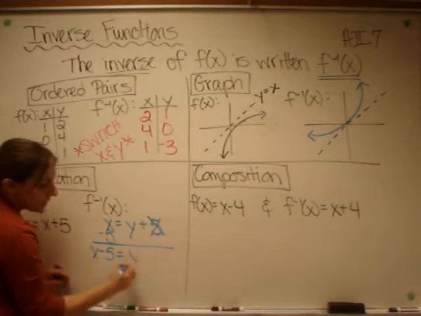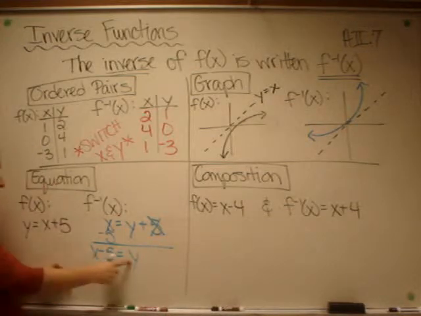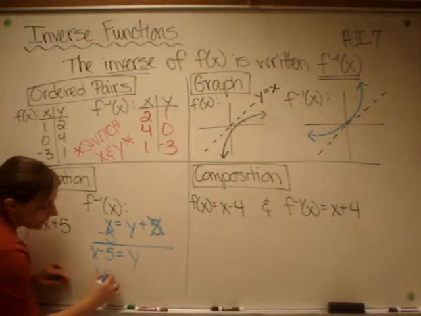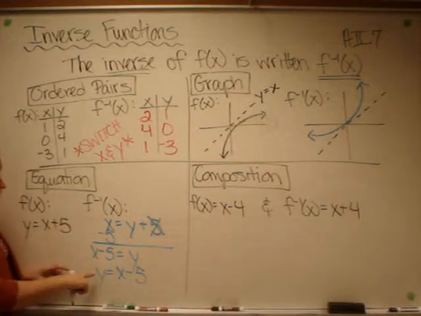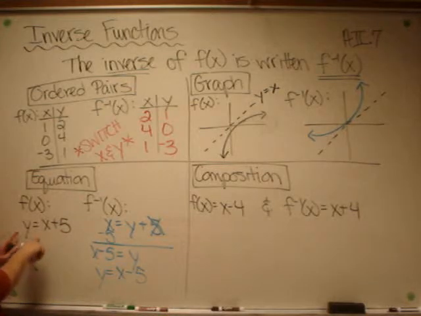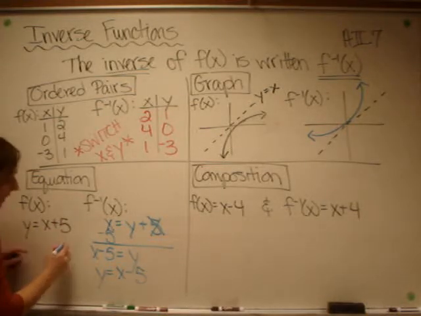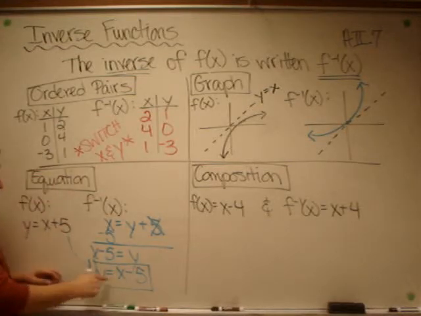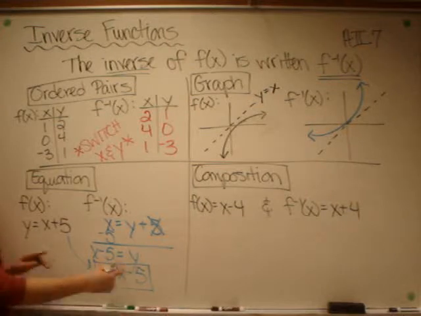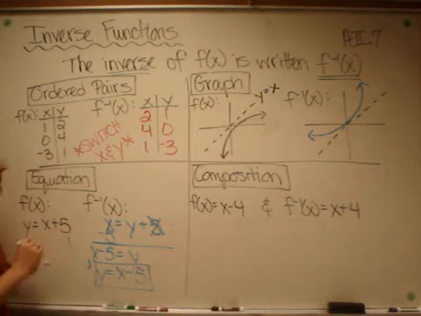And y is by itself, and since that looks a little funny, typically we lead with y. Our symmetric property says we can switch it. So this is the original function y equals x plus 5. Its inverse is y equals x minus 5. And they don't always look quite that simple, but we'll practice with some of them.